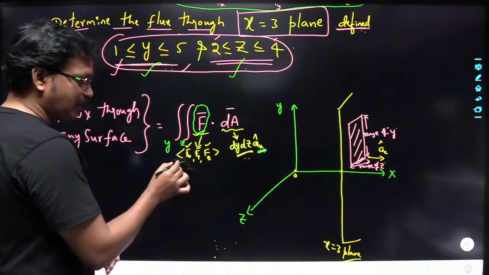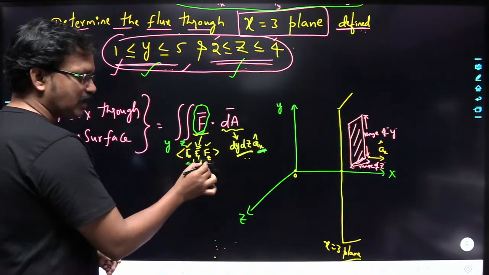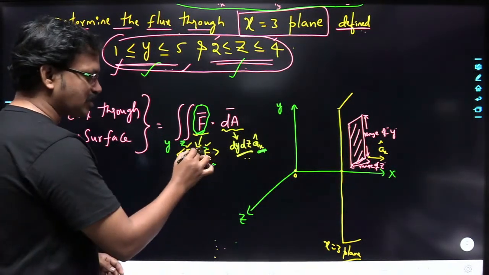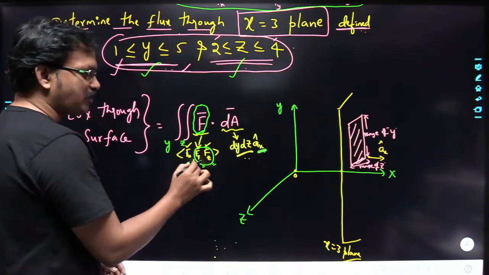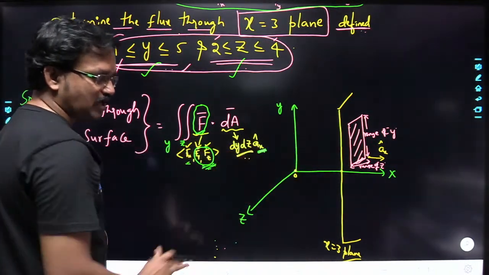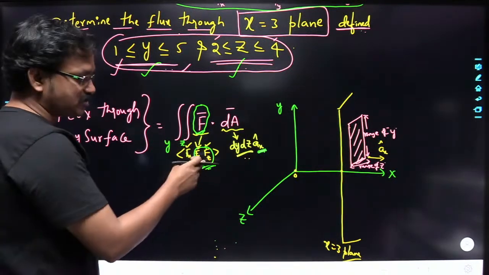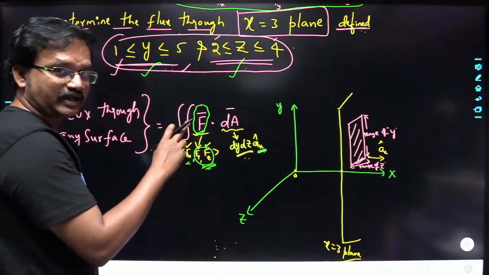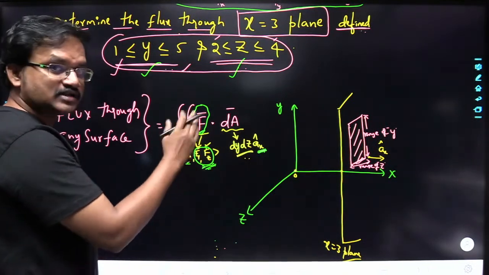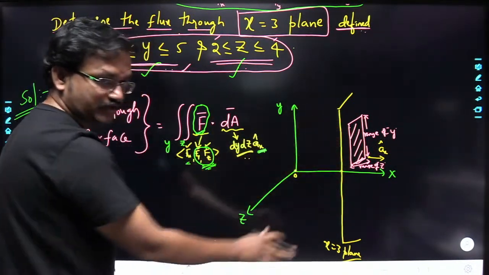Now here you have x component, y component and z component. These y and z components are parallel to what? Are parallel to the surface or not? Y component is going to point along y direction, z component is going to point along z direction, right? So y component and z component are parallel to the surface.